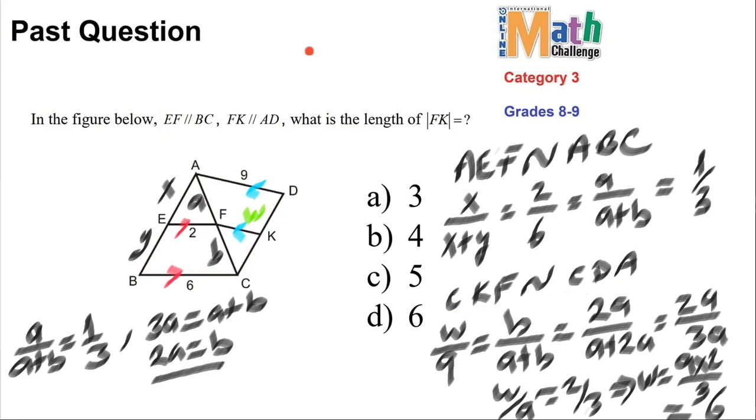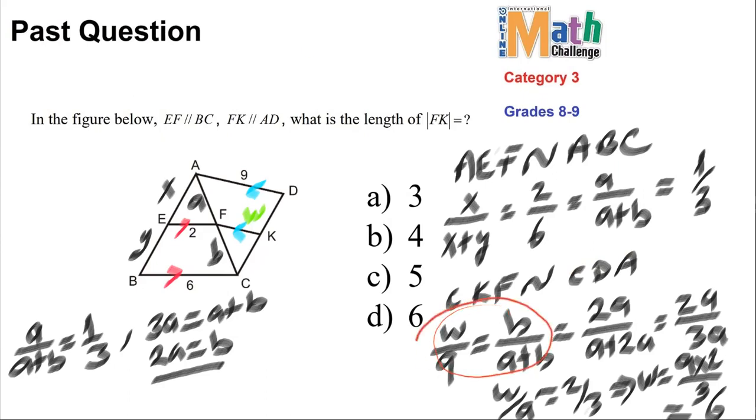W over 9 equals B over B plus A. Or if you're confused, you can use these letters, as long as this is the correct way to write it: CK divided by CD equals KF divided by DA, CF divided by CA.